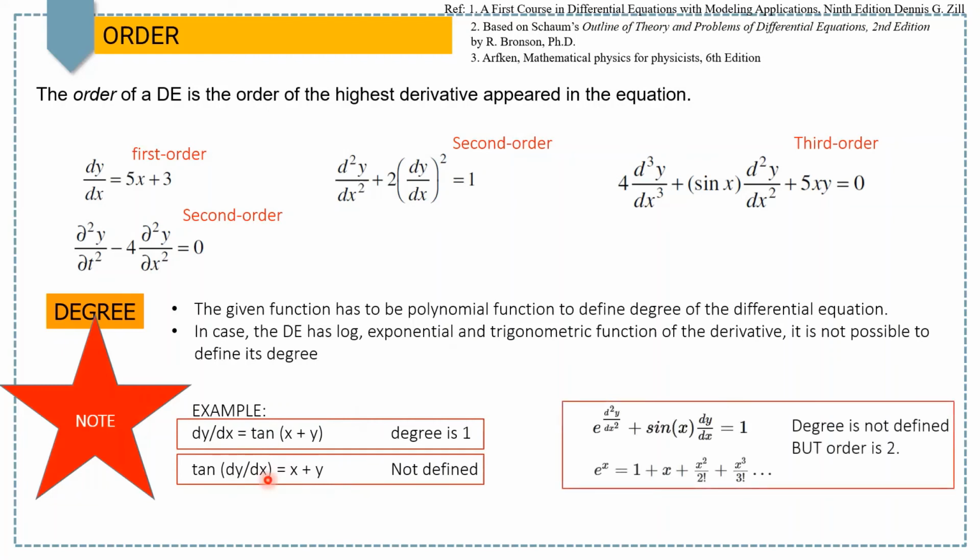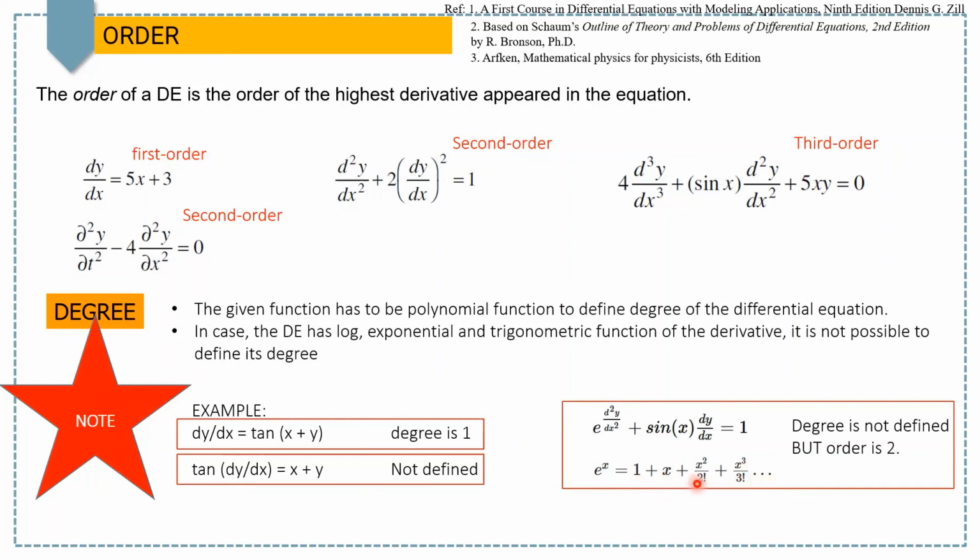Now, if you look at this third example, having this exponential term, this exponential term can be expanded to bring it to a polynomial form, which is e^x equals 1 plus x plus x squared over 2 factorial plus x cubed over 3 factorial, and so on.